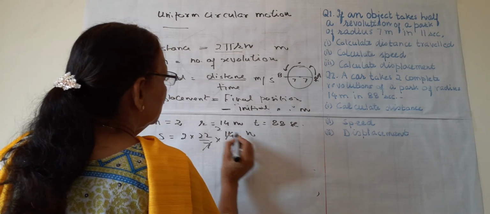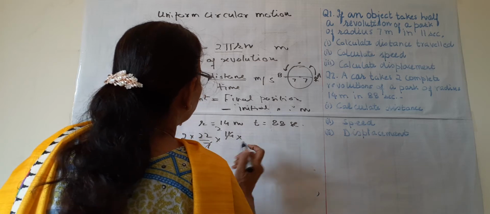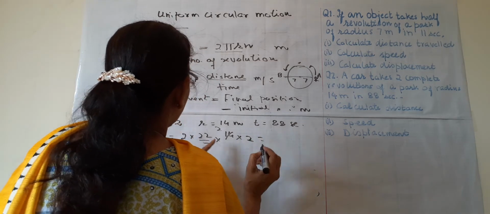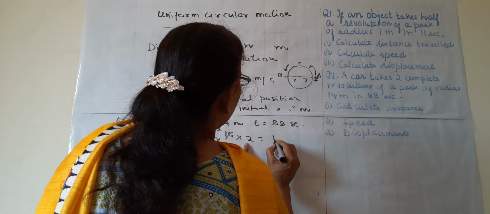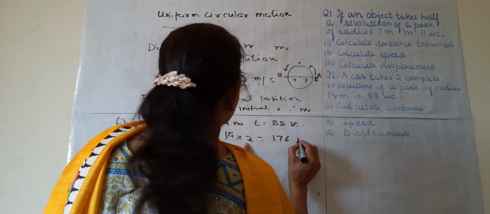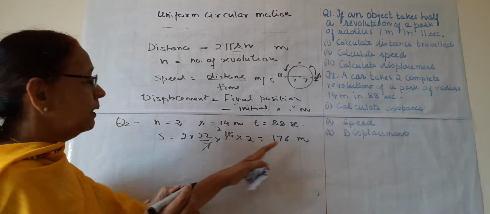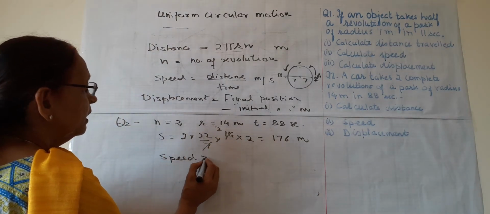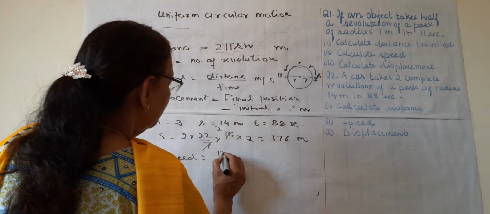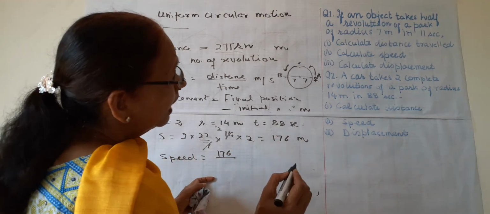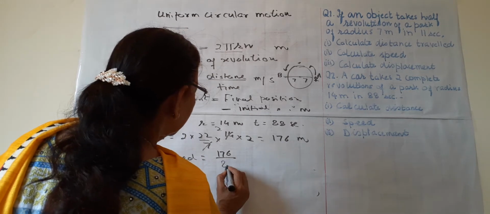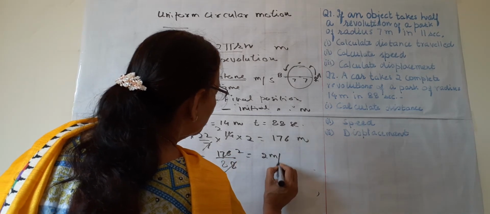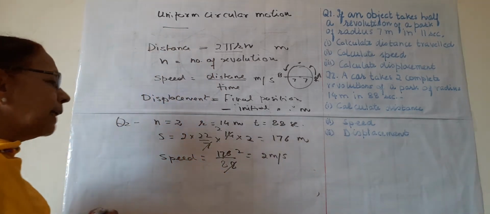So n is 2. How much is this? 44, 88, 176 meters. So the distance travelled is 176 meters. The speed is distance upon time, 176 upon time, which is 88 seconds. So the speed will be 2 meter per second.